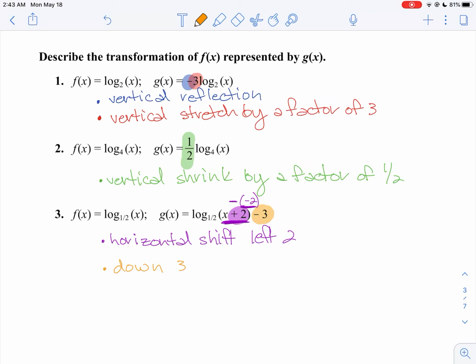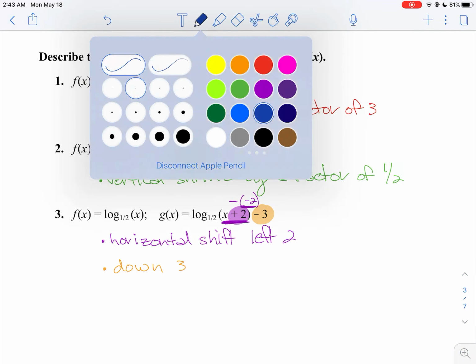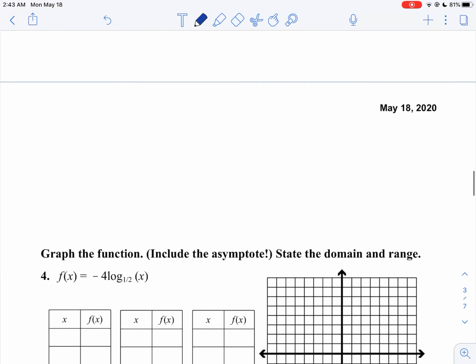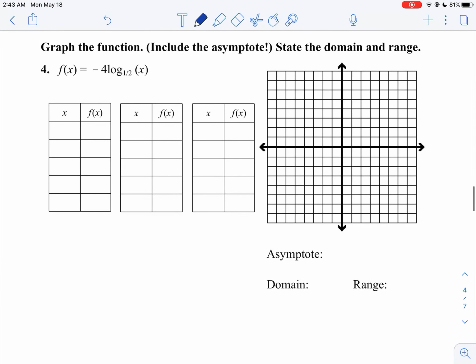Okay, so now let's actually practice doing our graphs for these. So for number 4, I said graph the function, make sure you include your asymptote, and state the domain and range. So if we have the graph f of x equals -4 log base 1/2 of x, remember what Mr. Baker was working on in the last section was you starting off with the exponential form instead.